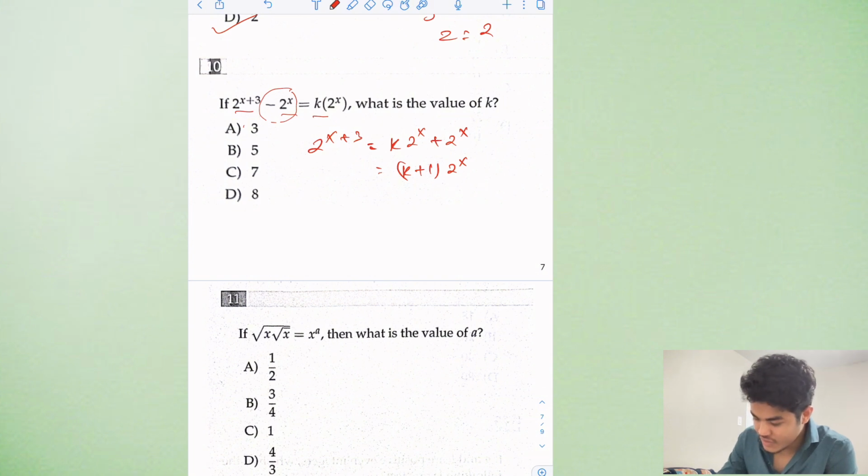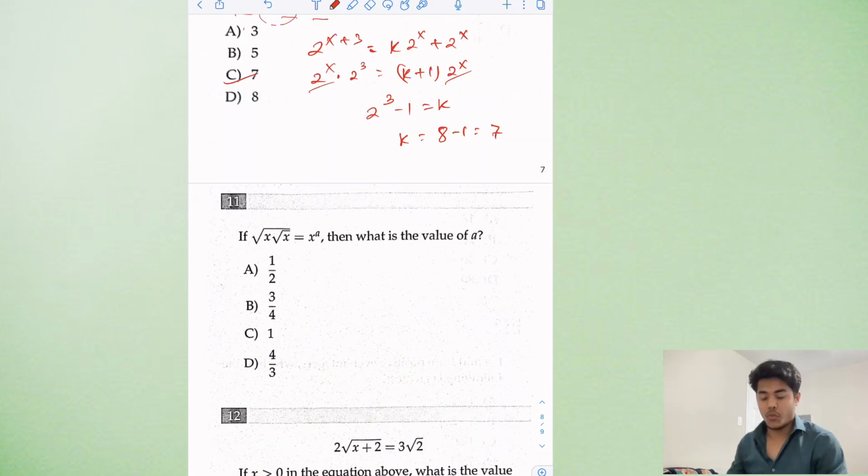And this term right here is nothing but 2 raised to x multiplied by 2 raised to 3, and this term cancels out, and we're left with 2 cubed minus 1 equals k, and our answer is 8 minus 1, which is 7. So our final answer is number C. Question number 11.